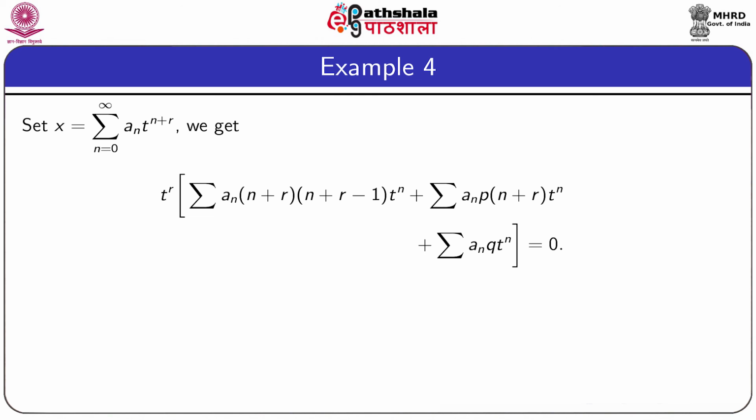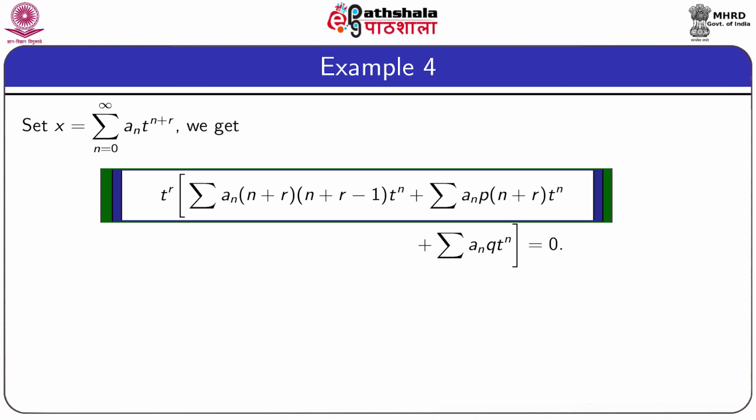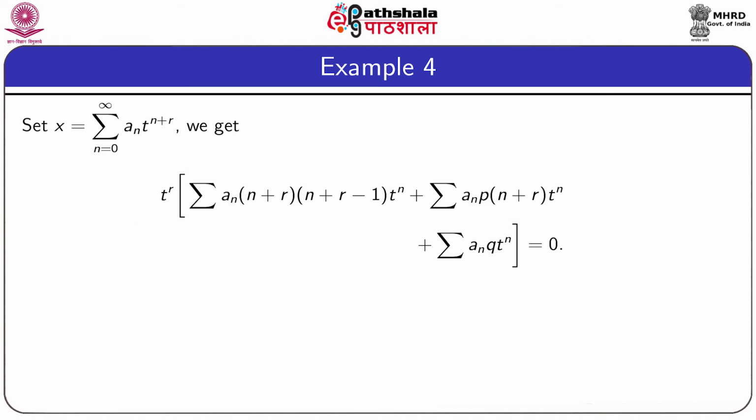We substitute it in the given differential equation to get t to the power r multiplied by summation n equal to 0 to infinity a_n (n plus r minus 1) into (n plus r) t to the power n plus summation n equal to 0 to infinity a_n p (n plus r) t to the power n plus summation n equal to 0 to infinity a_n q t to the power n is equal to 0.